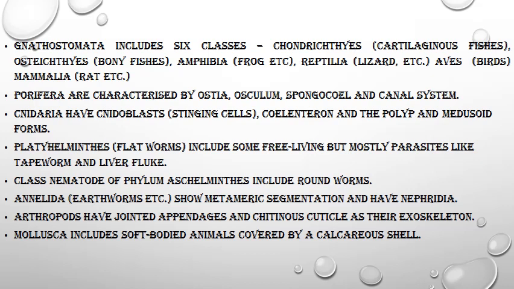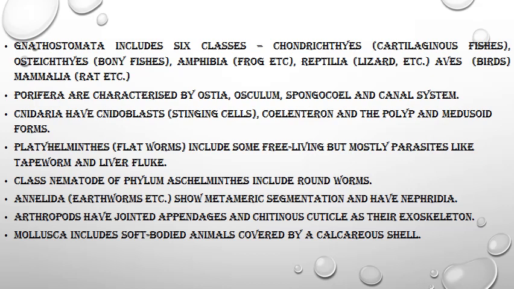Porifera are characterized by ostia, osculum, spongocoel and canal system. Cnidaria have nematoblast, coelenteron and polyp and medusa. Platyhelminthes include some free living but mostly parasites like tapeworm and liver fluke. Class Nematoda of phylum Aschelminthes include roundworms.